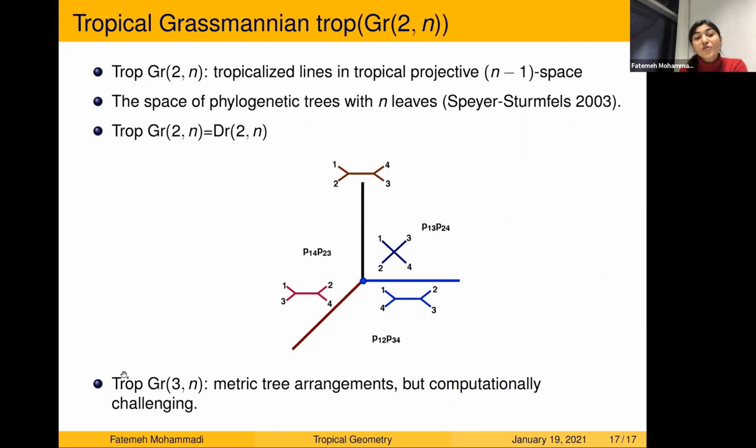For example, tropical Grassmannian 3n are metric tree arrangements. So in 2n you have just one tree, in 3n you have an n-tree arrangement, but still we cannot do the computation. We cannot find all points in the tropicalization, or describe the fan structure of the tropicalization. And I think the first unknown case is still Grassmannian 3,8.